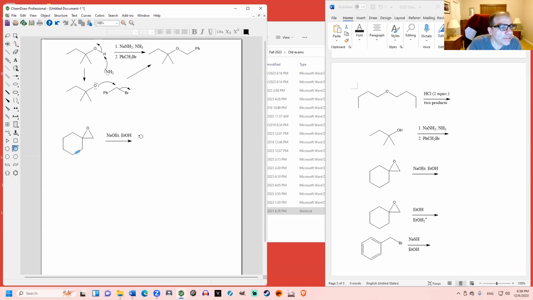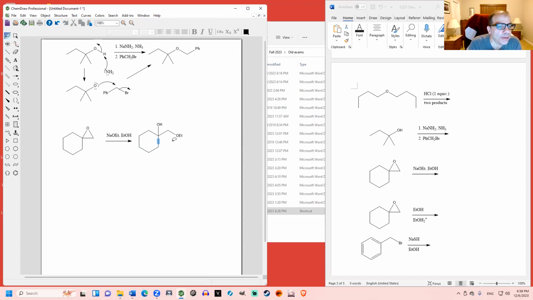But in this case, we do an epoxide ring opening. And unless I've done something wrong, that's the compound that you get.